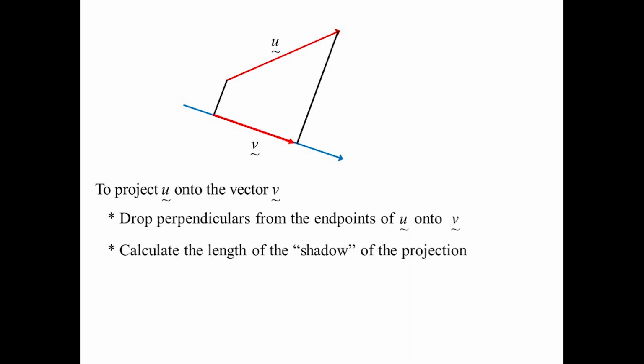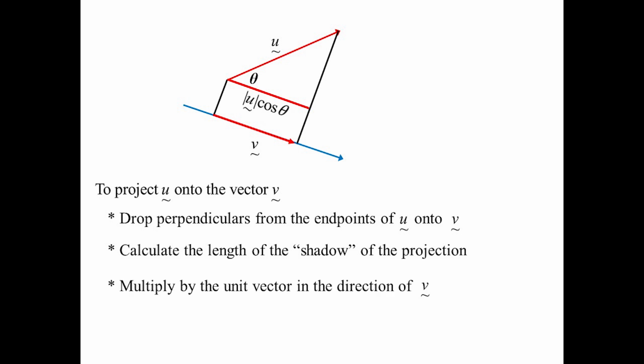Now, if I want to work out the length, I can draw the parallel line from the tail of that vector. Again, we could use some Pythagoras to work out that the length of that would end up being the magnitude of u times the cosine of theta.